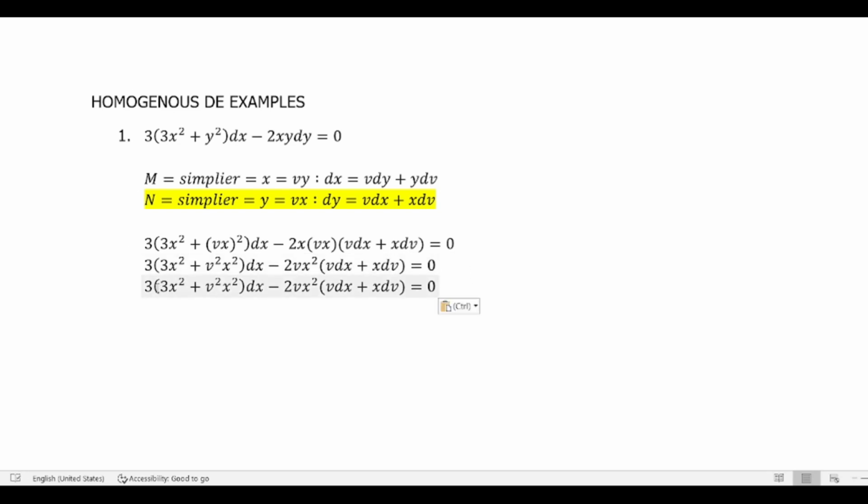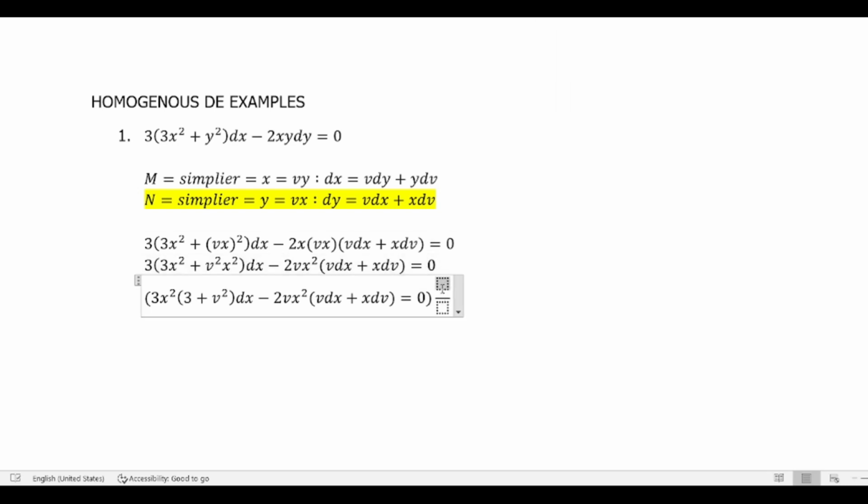We're going to factor out x squared, and then delete this one over here because you factored it out. Now, as you can see, we can cancel x squared here and x squared here by multiplying both sides by, let's insert first a fraction.